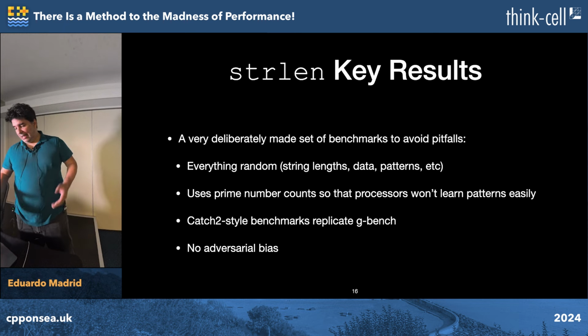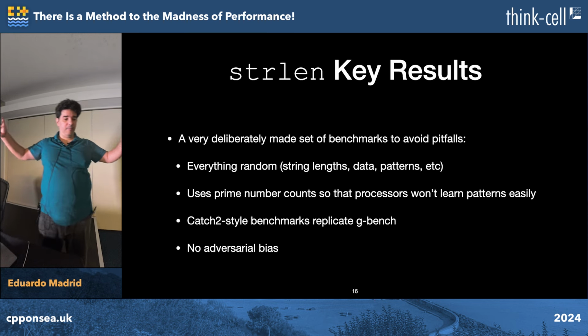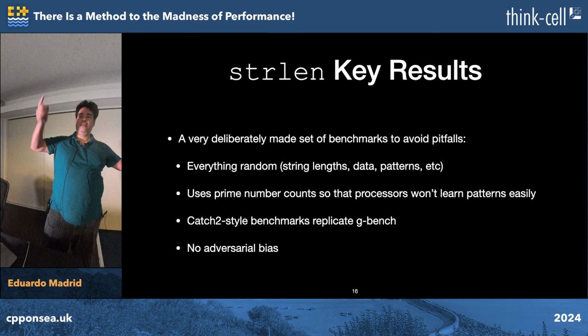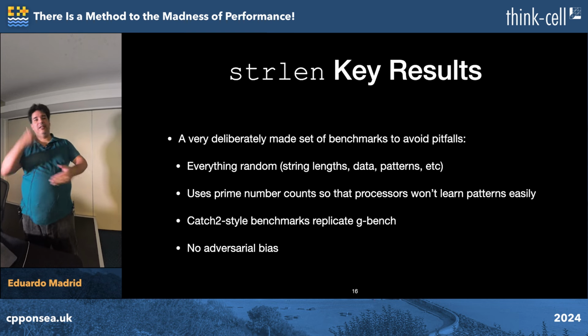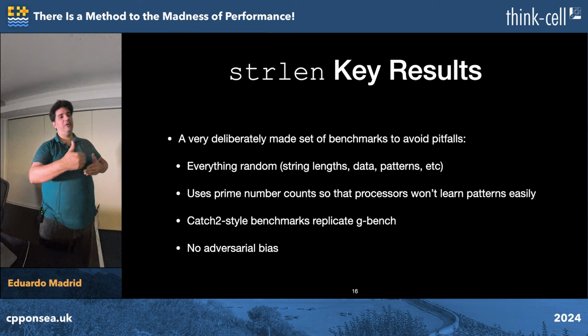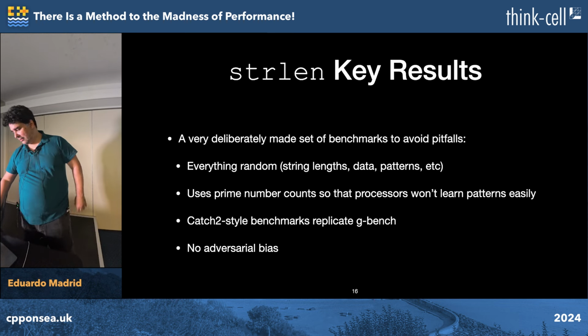For example, when we have large counts, we made them prime numbers, so that if the benchmark is repeating, the processor has fewer chances of learning that pattern, because when it starts the second go at the same collection, it doesn't follow from the previous iteration.